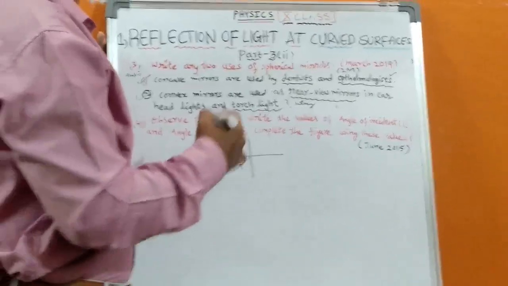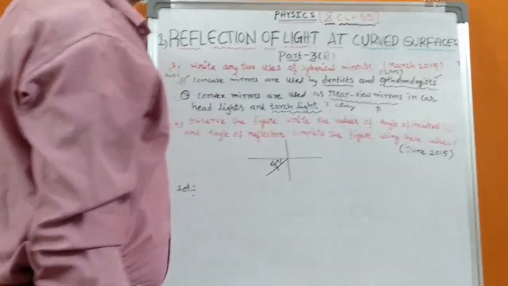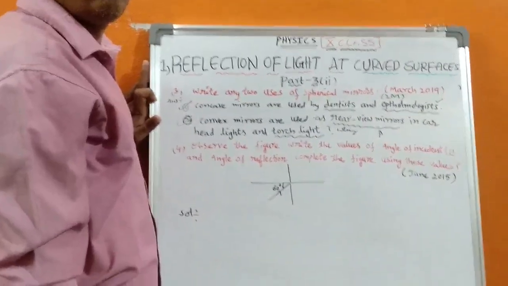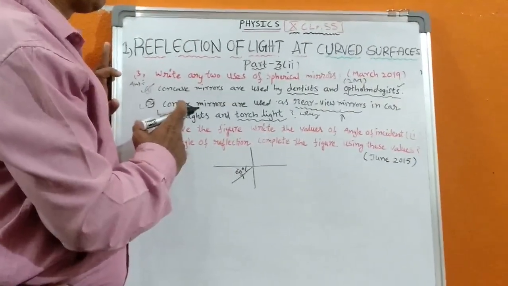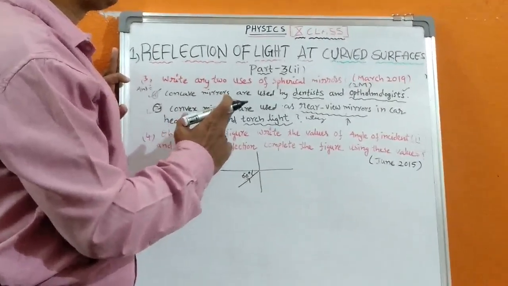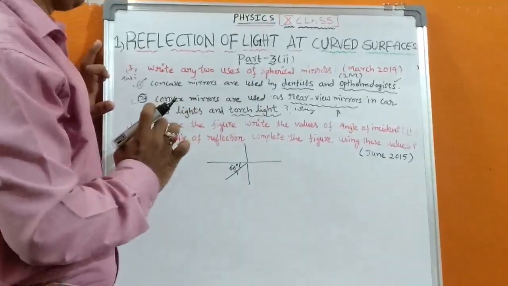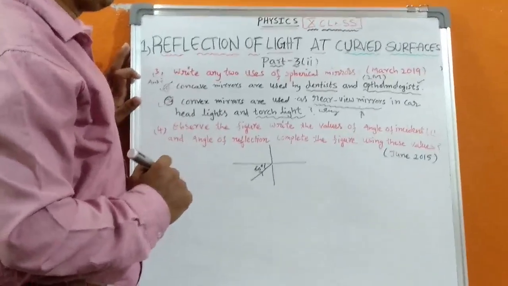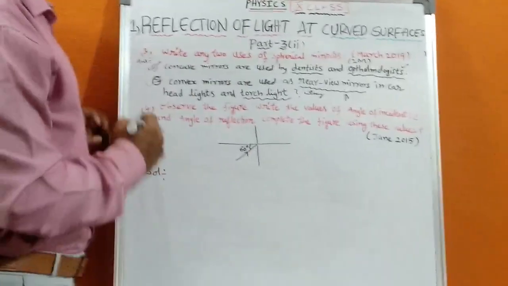In a convex mirror we always get an erect and diminished image. So we use convex mirrors as rear view mirrors in cars, and in headlights and torchlights. So these are the uses of spherical mirrors. We have many, but he is asking to write 2 uses.